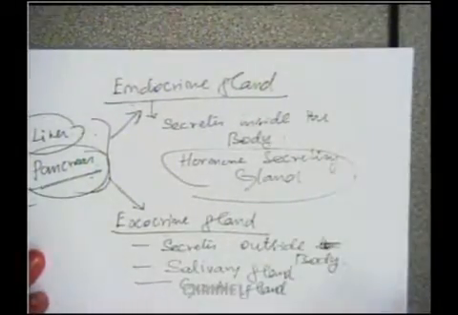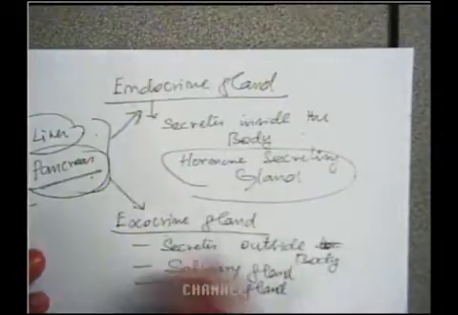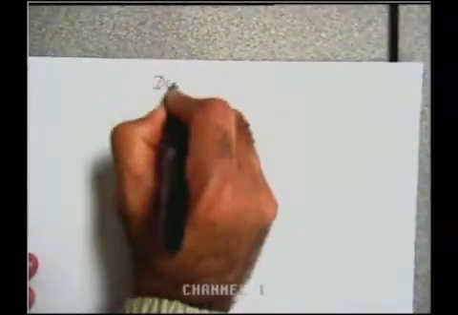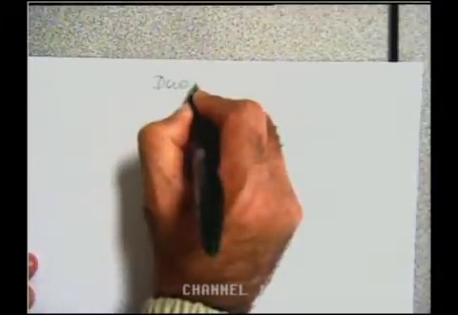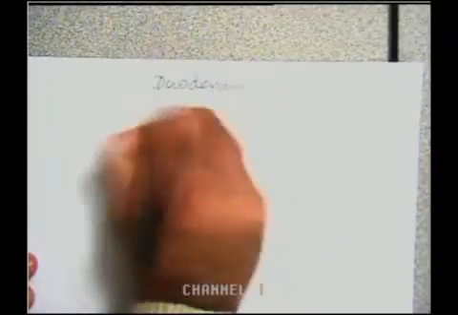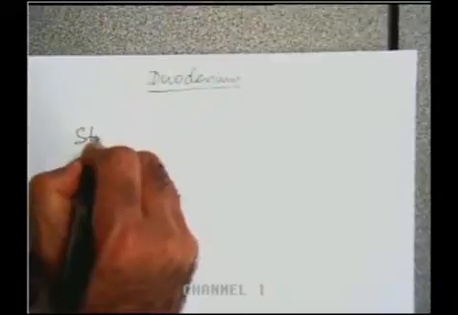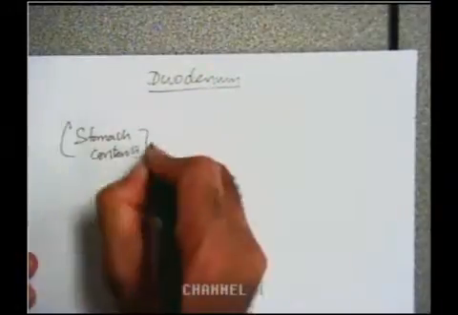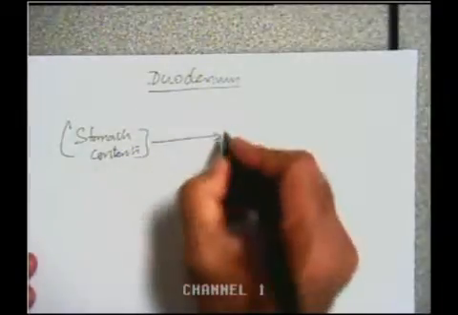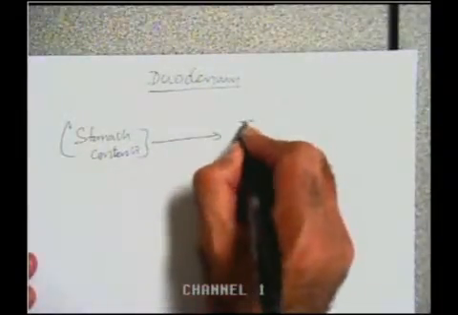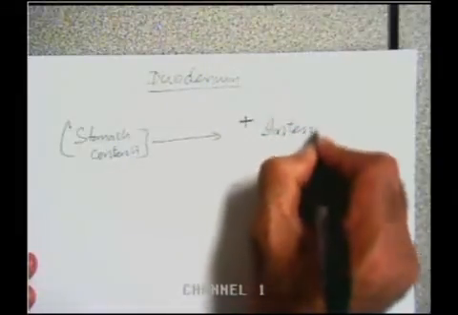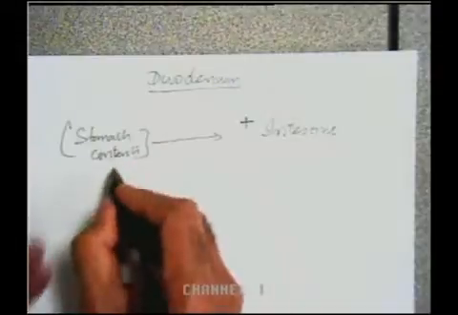Now we'll go on to the next one, the duodenum, where the liver and pancreas play a major role. Let us see what happens in the duodenum. The stomach contents, the digested food particles in the stomach, activate the intestine, as if to say, hey, there's food in the stomach, are you ready?